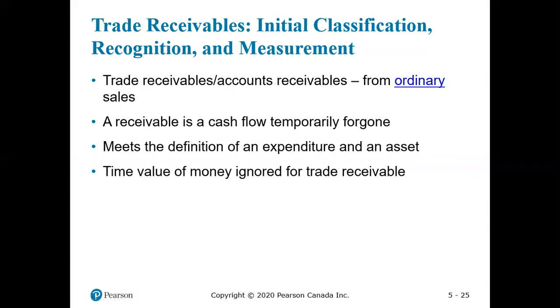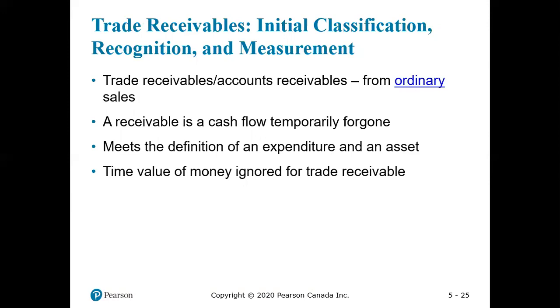So trade receivables, initial classification, recognition, and measurement. Trade receivables or accounts receivable are from ordinary sales. So that's receivables that are earned from selling things in the ordinary course of business. A receivable is a cash flow that's temporarily foregone.